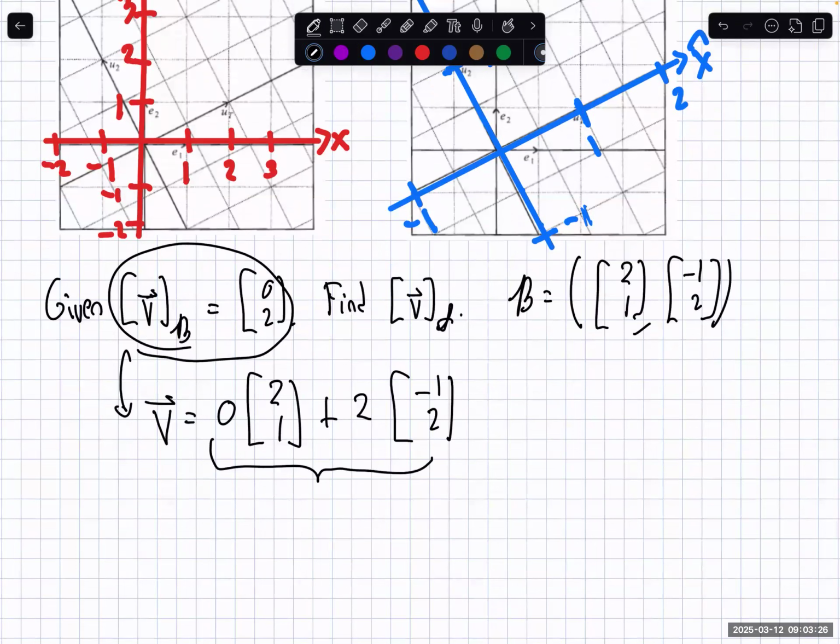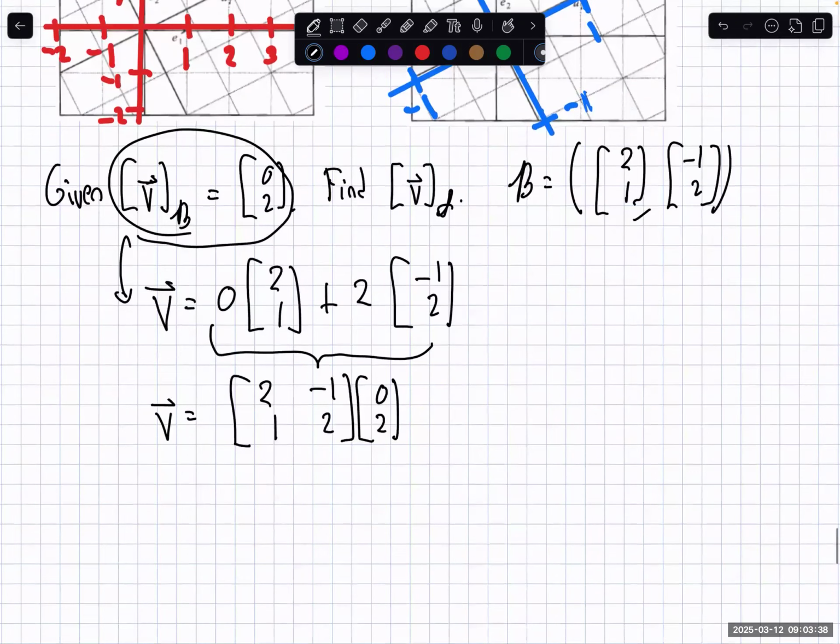And then we saw we had a nice notation for linear combinations. And then if we work this out, this is (-2, 4).